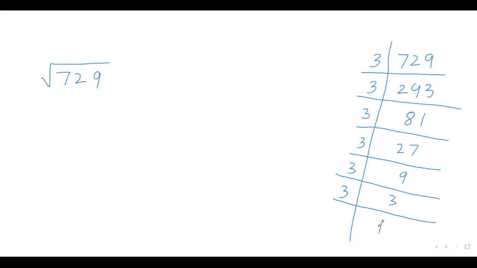You keep on dividing with the prime number till you get 1. So you can see the prime factors. Now put these prime factors in the square root. So how many 3's are there? 2, 4, 6.